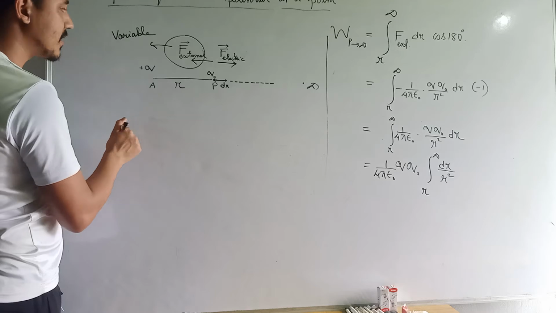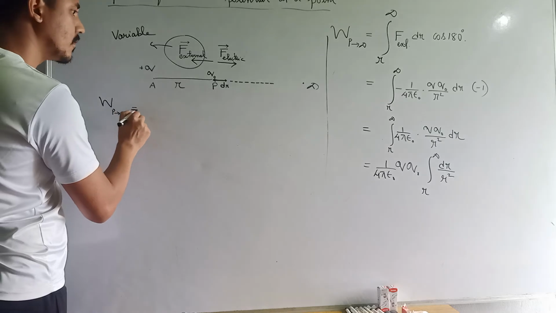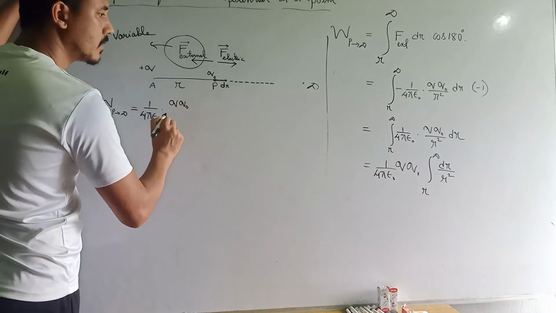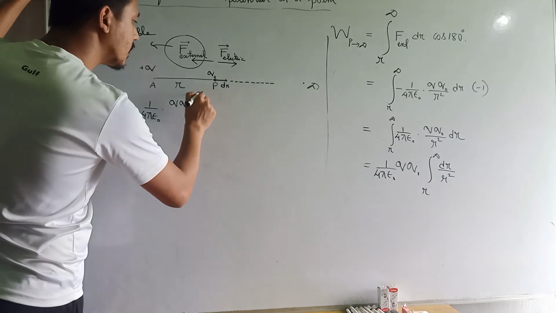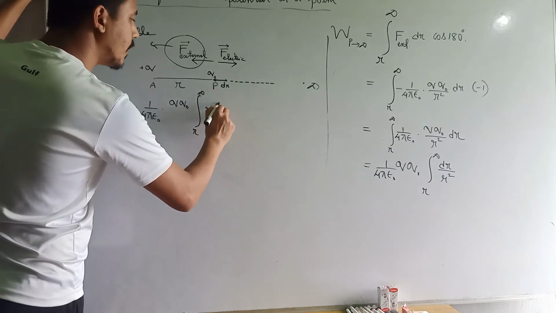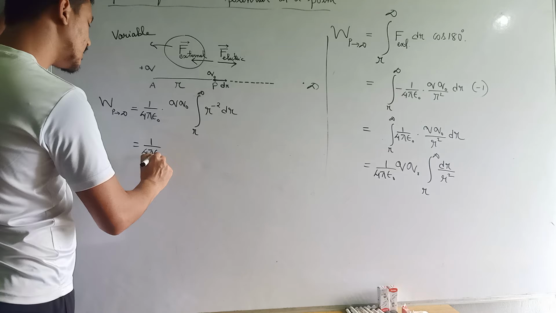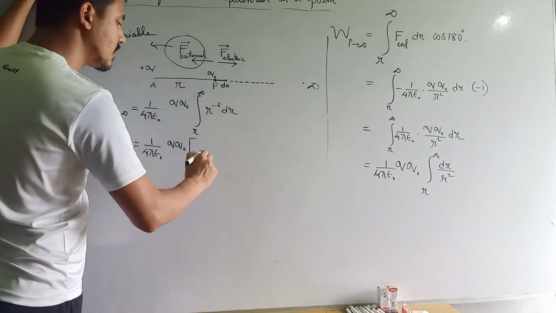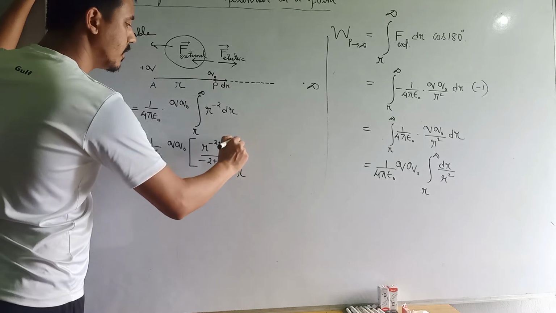So the work done by the external force in taking the body from P to infinity is equal to 1 upon 4 pi epsilon naught into q naught, and then dr by r square means r to the power minus 2 dr. This is of the form x to the power n dx, giving n plus 1 upon n plus 1, from r to infinity. This is a definite integral, so no constant of integration.